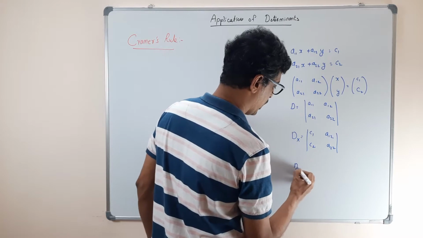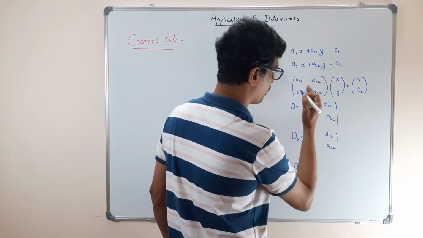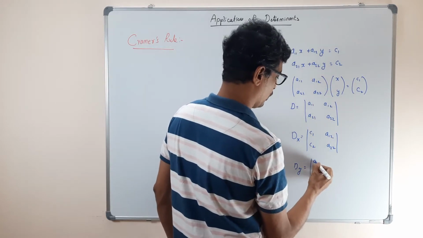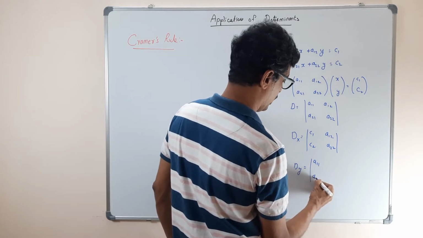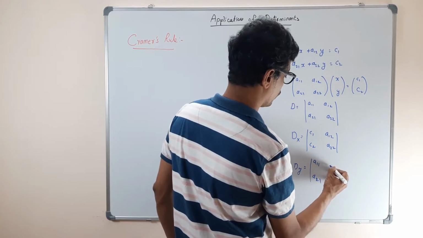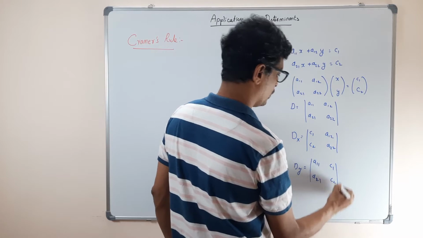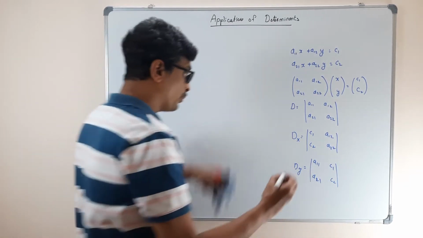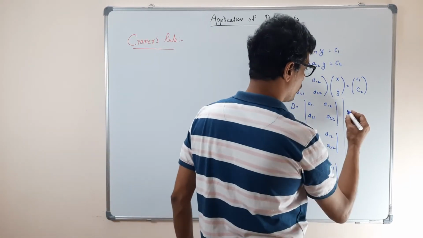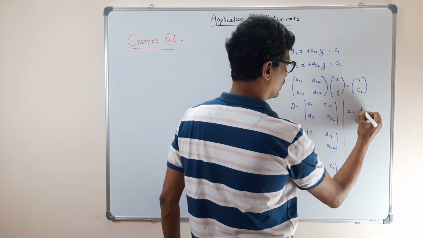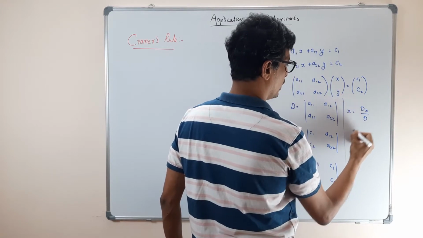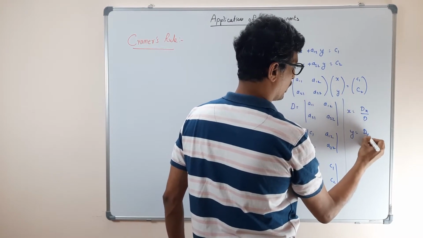And Dy: replace y with this one, so A11, A21, and C1, C2. Once you have done this, x is equal to Dx by D and y equals Dy by D.